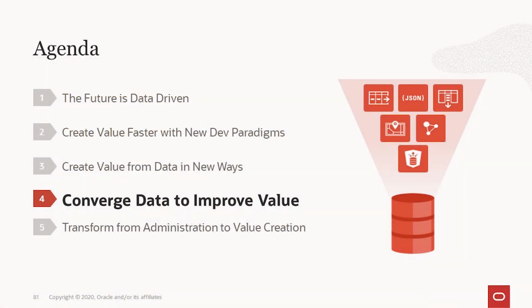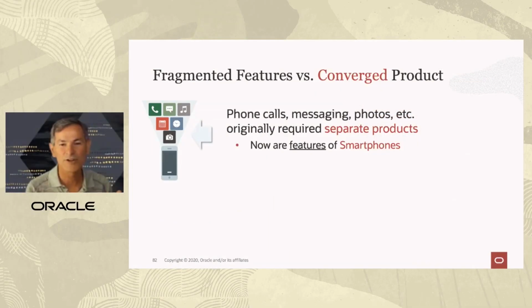I've talked about how Oracle simplifies the new development paradigms and also how Oracle makes it simple to use the new sophisticated algorithms to create value from data. Now let me talk about how Oracle simplifies the overall data and application architecture by converging data. First of all, let's talk about what it means to be converged.